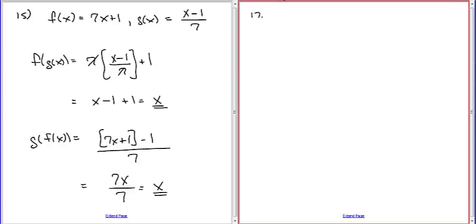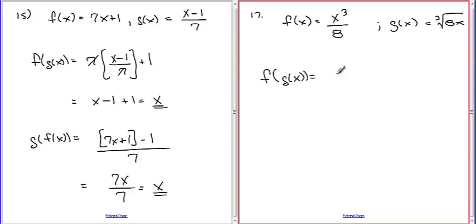Okay, 17. F of x equals x cubed over 8. G of x equals the cube root of 8x. Our composite function f of g of x is equal to, so we're going to plug that into here, so we get the cube root of 8x, whole thing cubed, divided by 8.